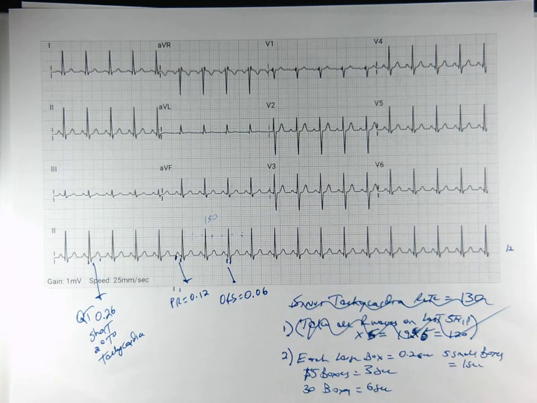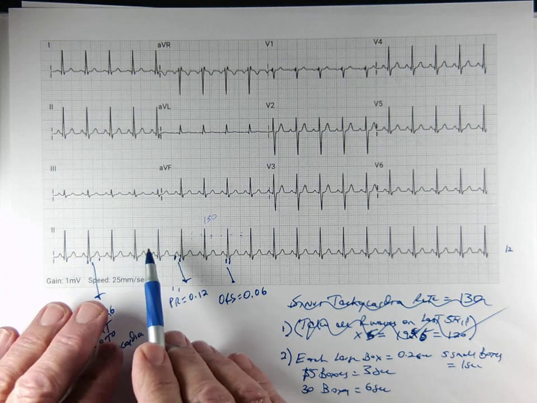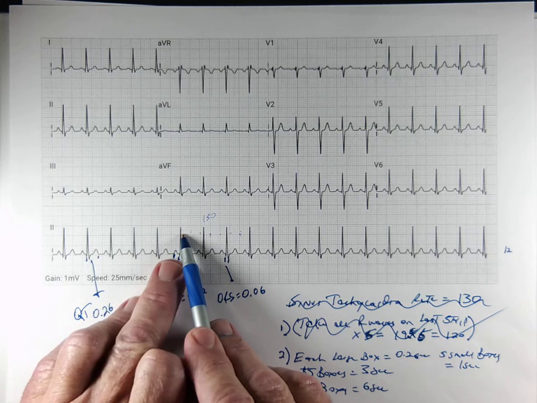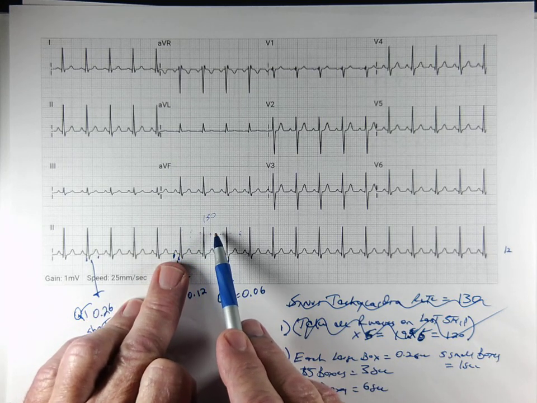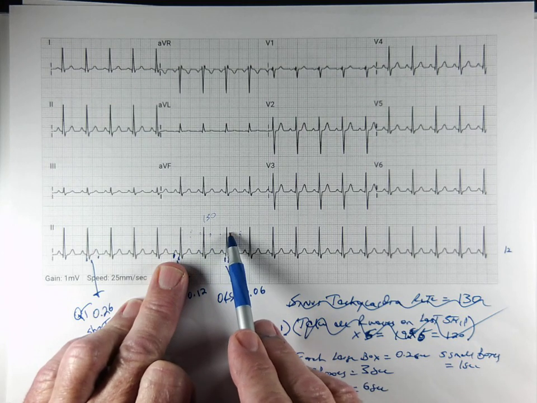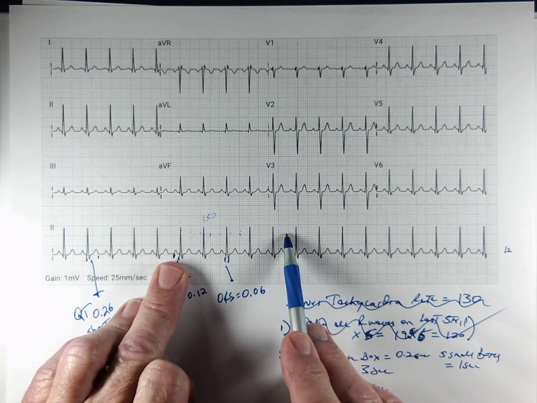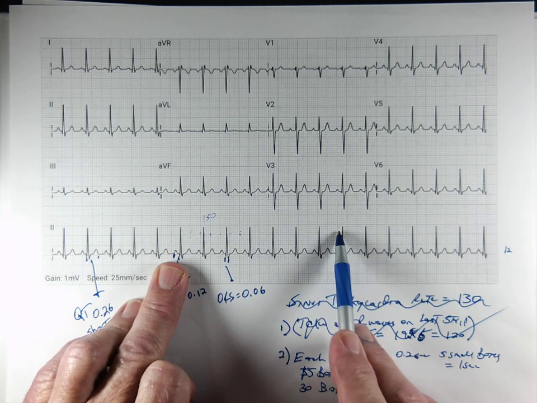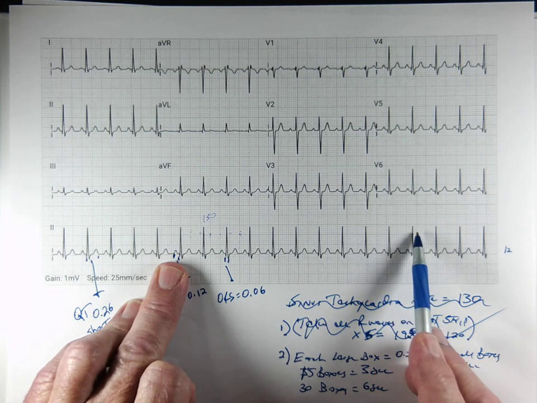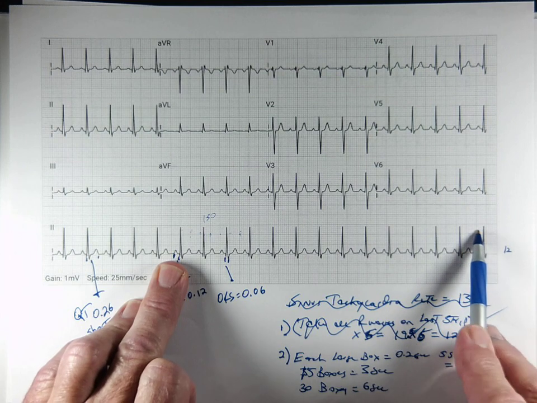So that's pretty accurate. Now when you do this other technique, as I mentioned, it didn't quite work out. So why is that? Well, let's just count all the boxes. Once again, 30 boxes is 6 seconds. So let's start here. 1, 2, 3, 4, 5, 6, 7, 8, 9, 10, 11, 12, 13, 14, 15, 16, 17, 18, 19, 20, 21, 22, 23, 24, 25, 26, 27, 28, 29, 30 boxes.